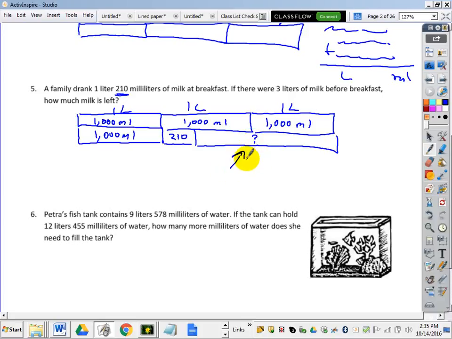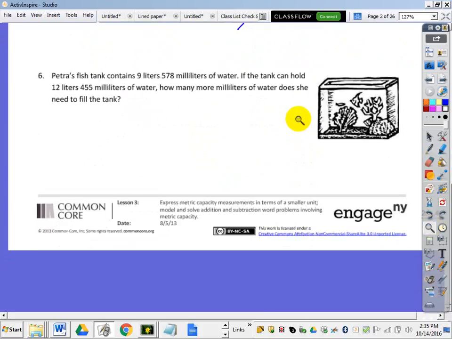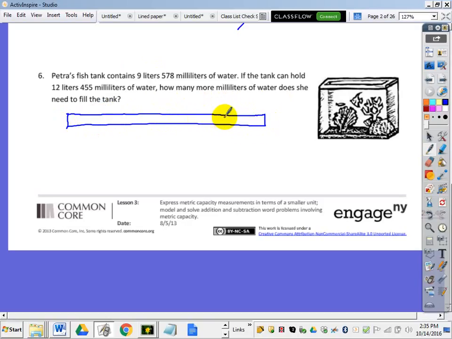Number 6, Petra's fish tank contains 9 liters, 578 milliliters of water. If the tank can hold 12 altogether, and this is how much it can really hold, how much more can be in it? Now, this is a tough question because for a tape diagram, I want to know that the tank can really hold, I'm going to say 12 liters and 455.